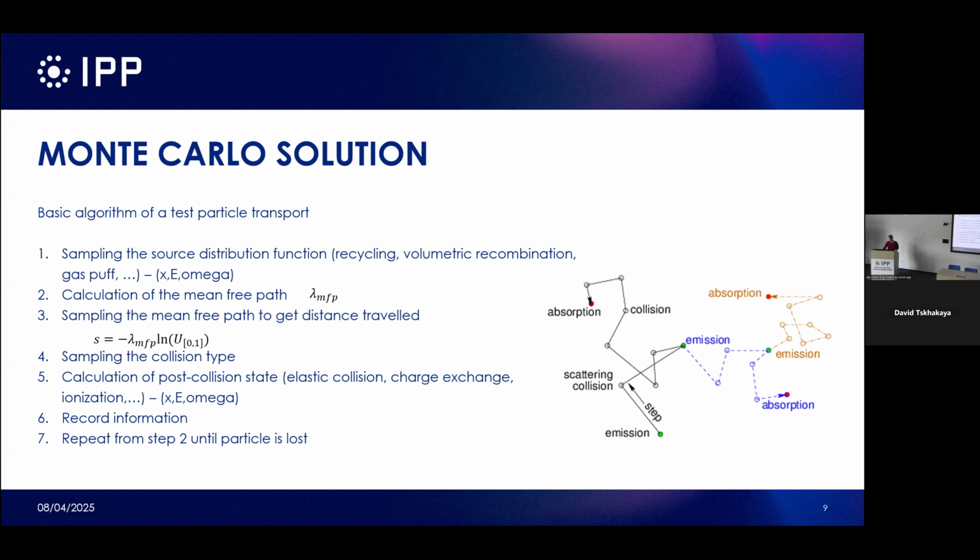Then the mean free path is calculated based on the energy of the particle and the background and the rate coefficients or cross sections. This mean free path is then sampled to get the actual distance traveled.